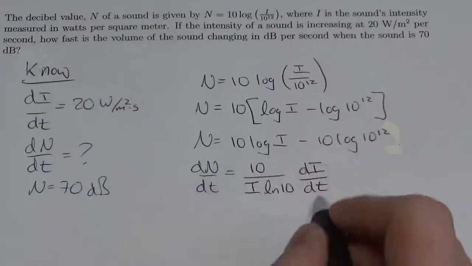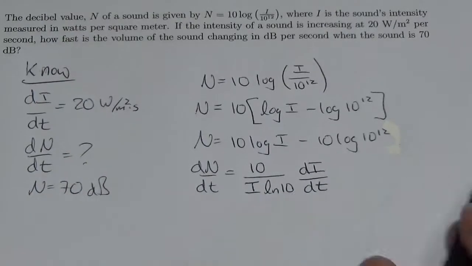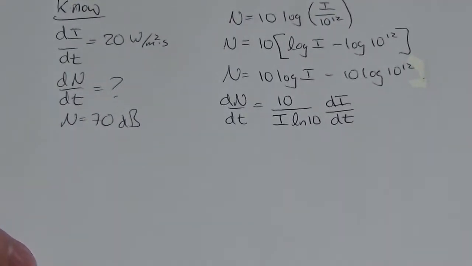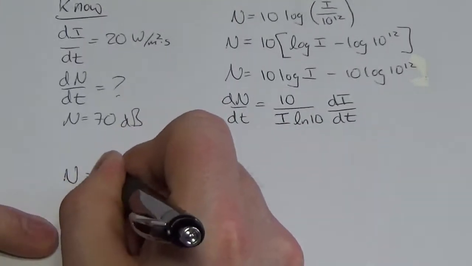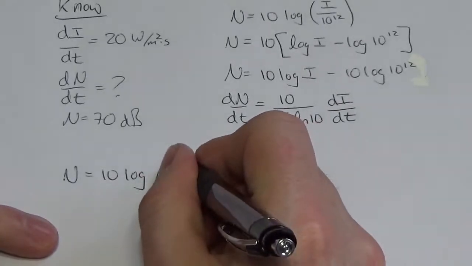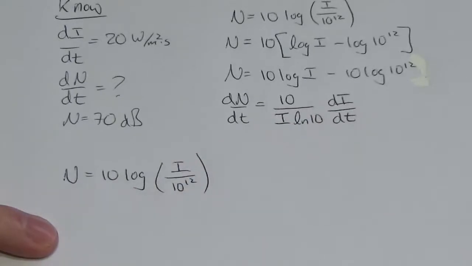So now I've got to figure out what this is, and I've got almost all the information I need. I know dI by dt, that's 20. I can figure out this stuff on my calculator pretty easily. What I don't know is I, though. So I've got to go back to our original relationship here and figure out what I is. So I know that N is equal to 10 common log of I over 10 to the 12.